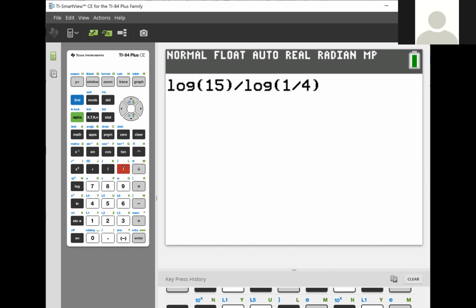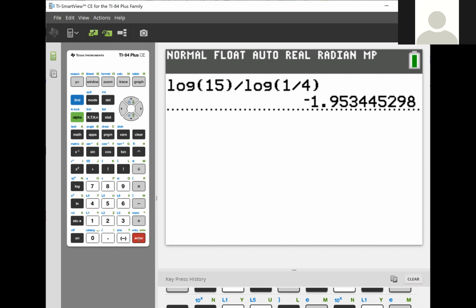And again, you can use division. You could convert it to a decimal, 0.25 would be fine. We get negative 1.95345 if I round it.